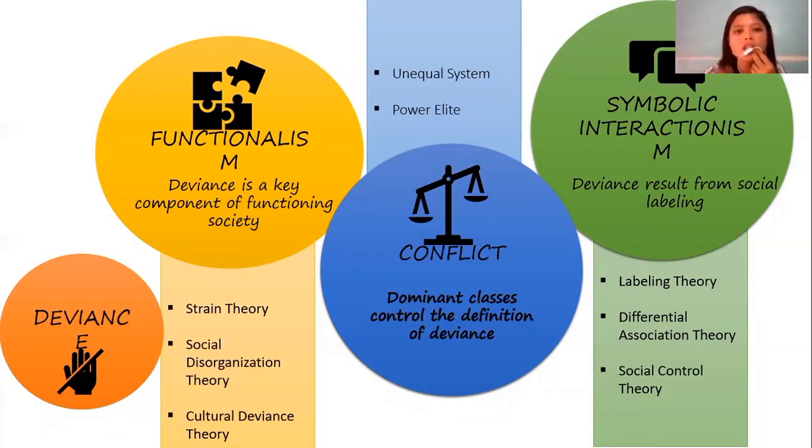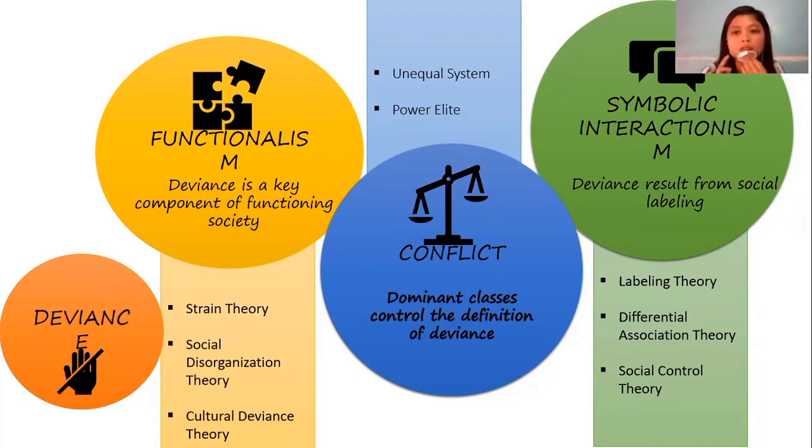It is not reflected in the slide, but I will explain it. First, deviance affirms cultural norms and values, wherein as deviant behavior is observed to be punished, it reinforces for society what is appropriate and inappropriate behavior.